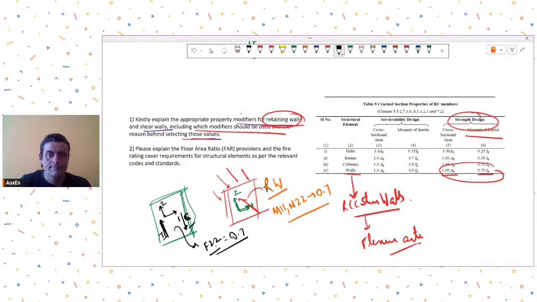Sorry, there are chances of out-of-plane moments also. Out-of-plane moment is also possible in your shear walls.